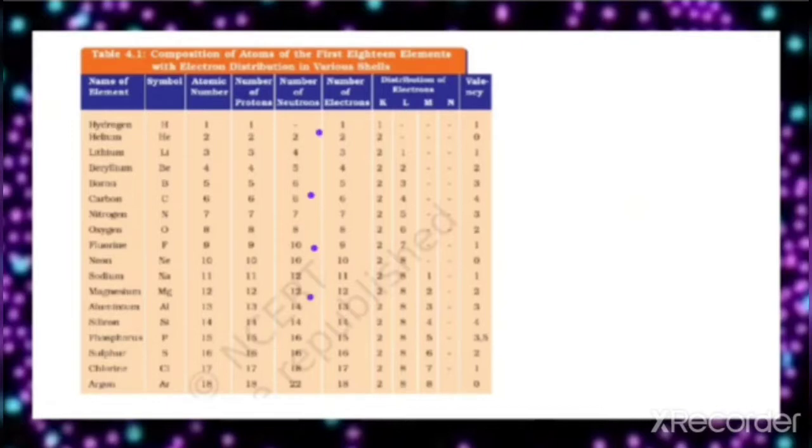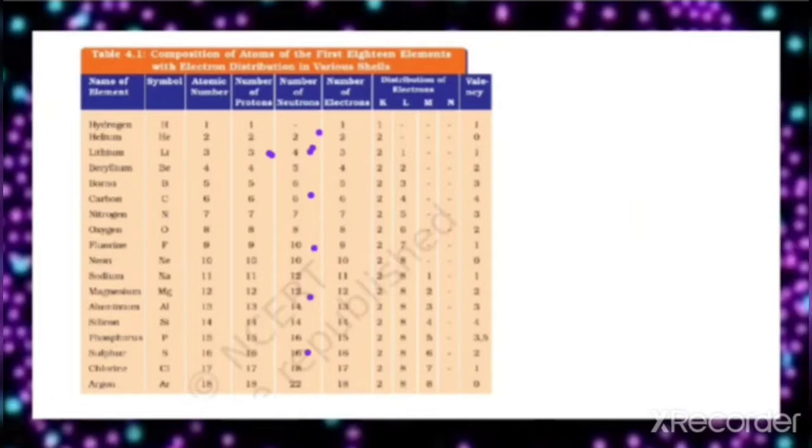So these are the numbers of neutrons present. For example, in the case of lithium, the number of protons is 3, but the number of neutrons is 4. So when you make the sum of 3 plus 4, it is 7. So 7 will be its mass number.